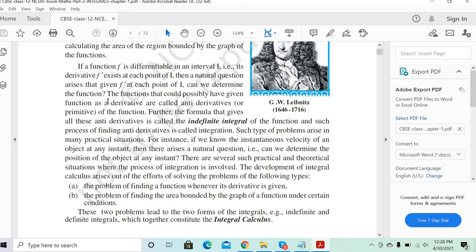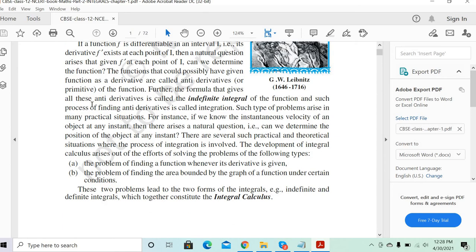The functions that could possibly have the given function as derivative are called the antiderivatives of the function. Antiderivative is also called the indefinite integral. So just remember that another name for integration is the antiderivative, because it is the opposite of the derivative. Correct?